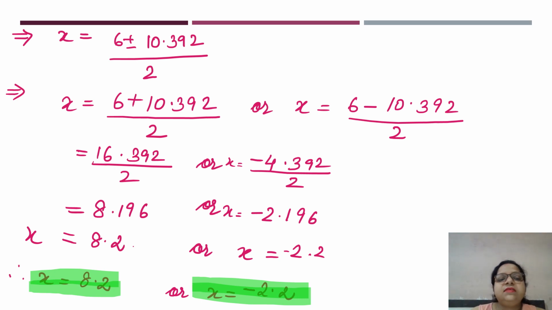That is x is equal to 16.392 upon 2, or x is equal to minus 4.392 upon 2. Implies that x is equal to 8.196, or x is equal to minus 2.196, or x is equal to 8.2, or x is equal to minus 2.2, because after 1 there is 9 and 9 is greater than or equal to 5. Okay.